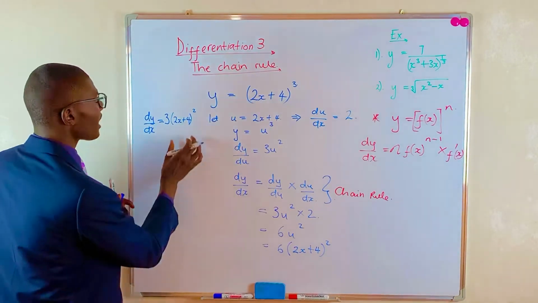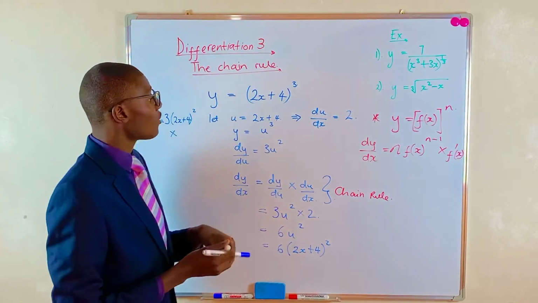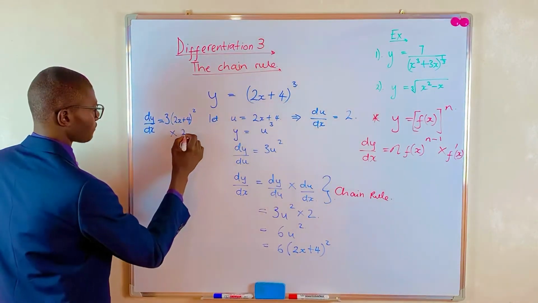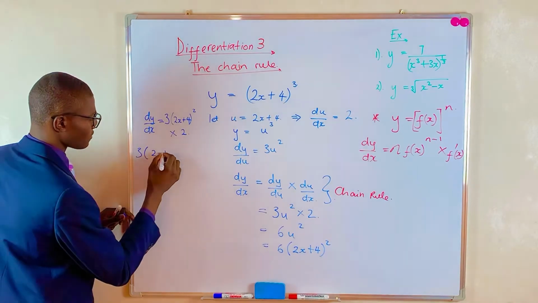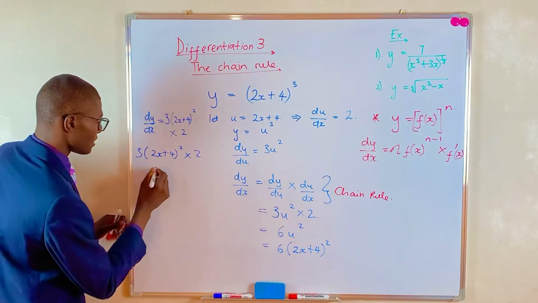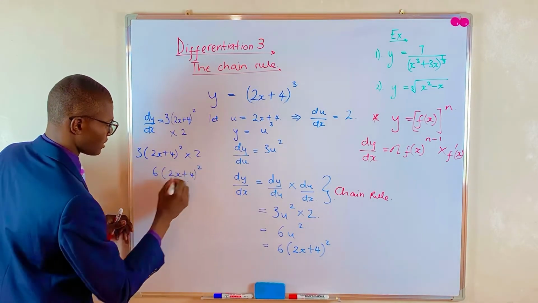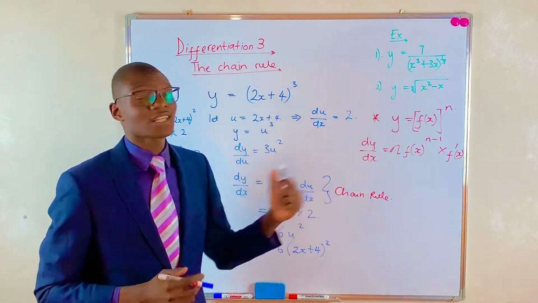Then we multiply this result by the derivative of the linear function 2x plus 4, which is 2. So we have 2x plus 4 squared times 2. 3 times 2 we get a 6 times 2x plus 4 squared, which is just the same as that. So in short, that's how we write it.